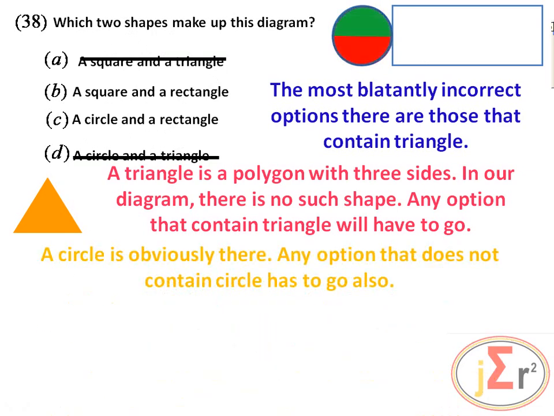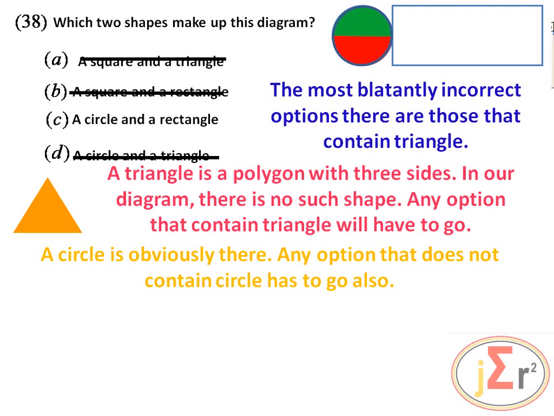A circle is obviously there. Any option that does not contain circle has to go also. We cannot avoid this circle. It is very plain that we have a circle there. So if there's an option that does not contain circle, then that option is wrong. And what we have done, we have solved the problem by a process called elimination.